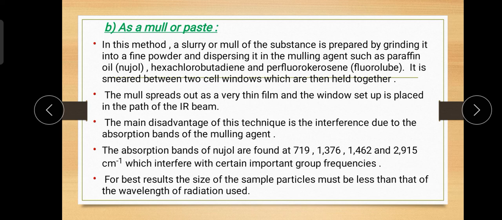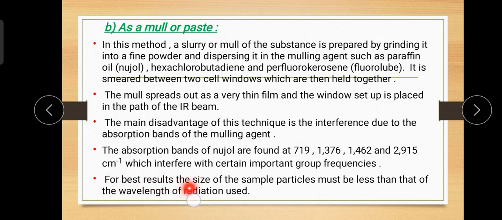That means we get unwanted bands due to the use of the Nujol mulling agent, and these bands are found in this range. So here is the disadvantage of using a mulling agent like Nujol or paraffin oil.